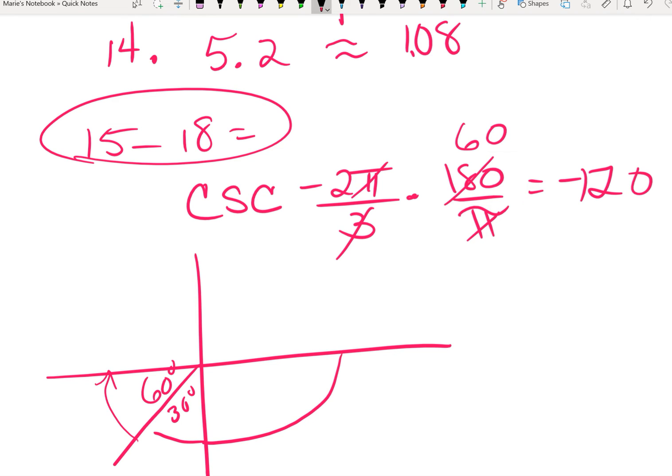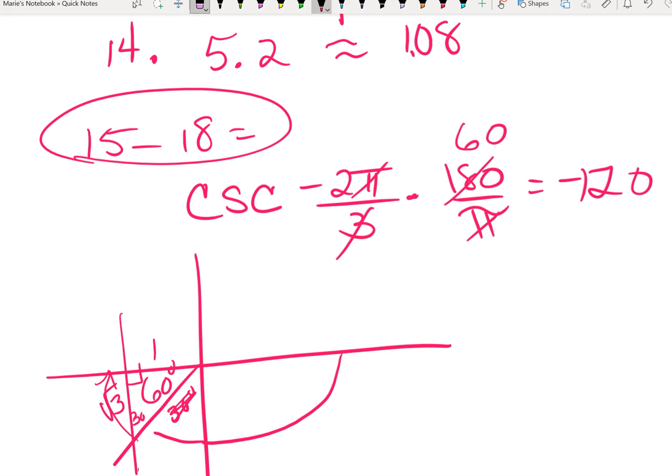So in this case, if you're looking at it as a 30, 60, 90, and this is your 90, here's your 30 now, right? If this is 30, 60, 90, this is 1, this is square root of 3, and the hypotenuse is going to be 2.